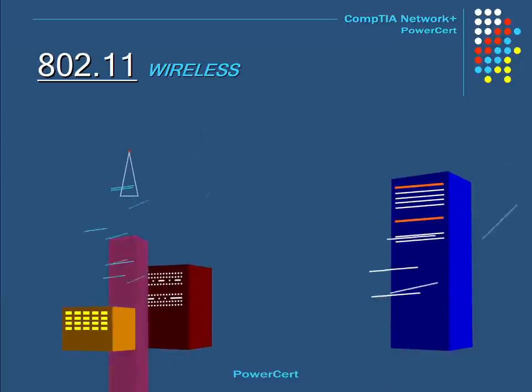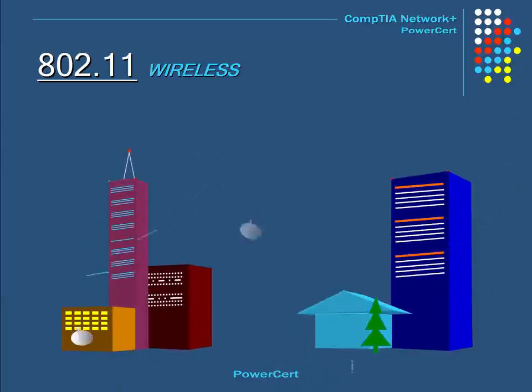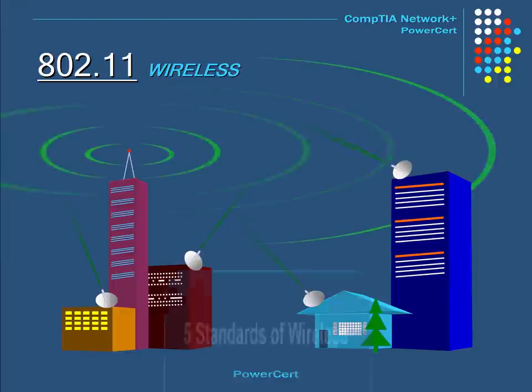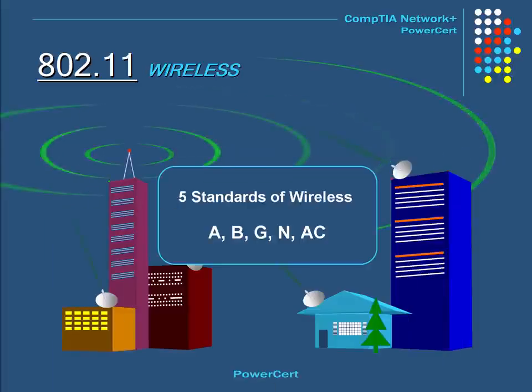The IEEE is an international organization for the advancement of technology related to electricity. And they are responsible for a set of standards for a project called the 802 project. And one of these standards is the 802.11 standard, which is wireless. Wireless technology is becoming more and more popular, and today there are 5 wireless standards.